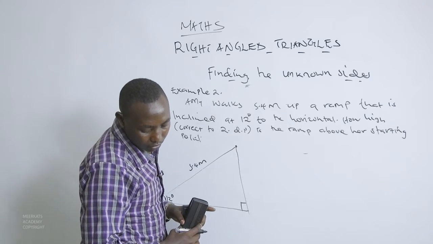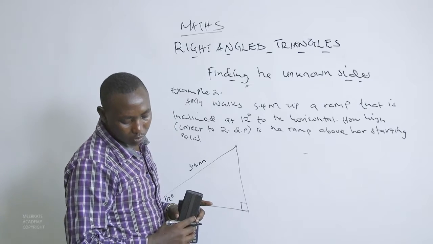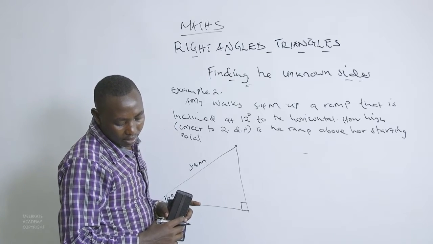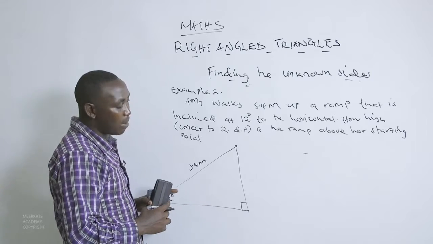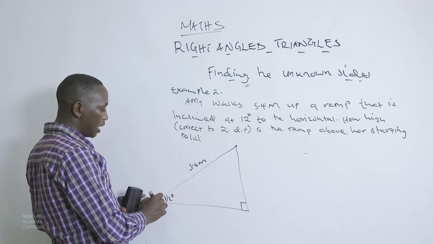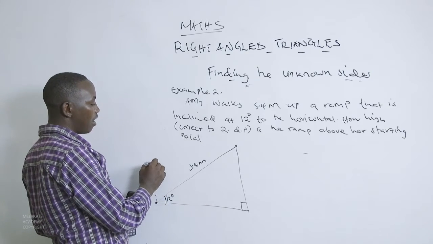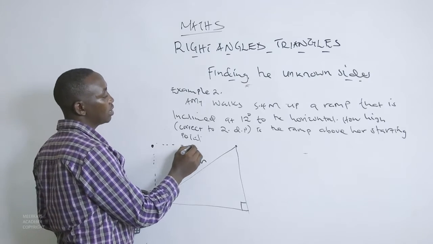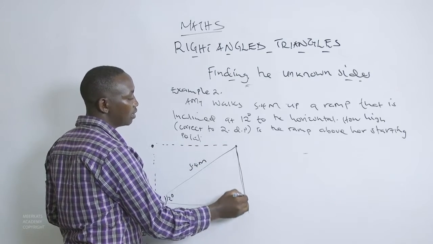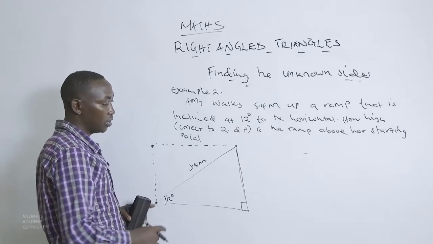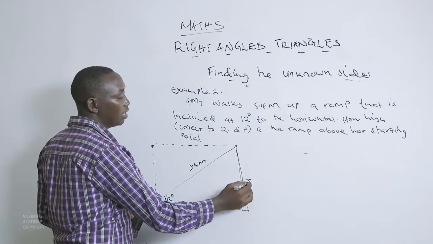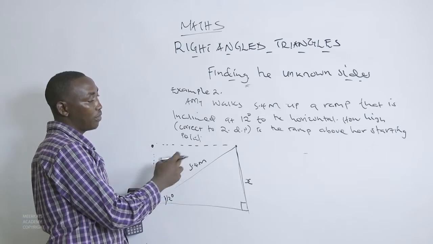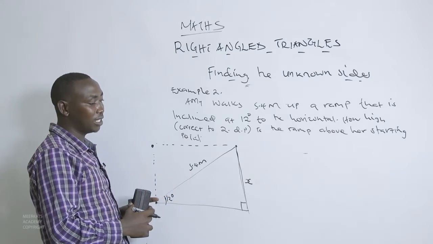We are supposed to find to 2 decimal places how high she is above her starting point. Her starting point was here, and therefore her height above it will be equivalent to this particular side, which is the opposite to this particular angle. So if we find this side, we will have found how high Amy is above her starting point.